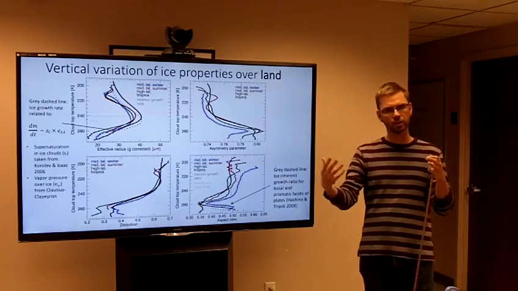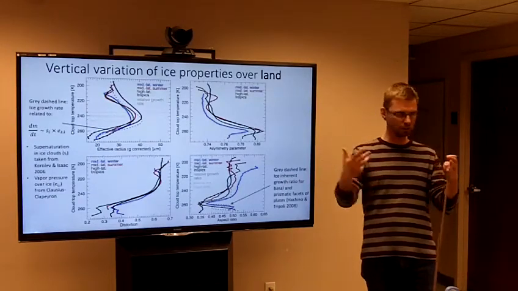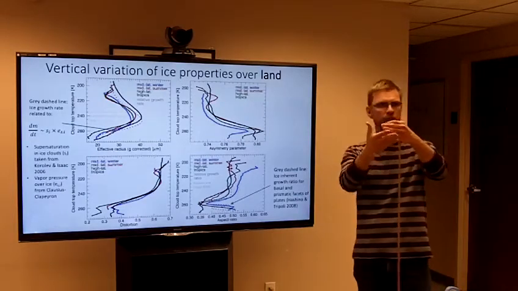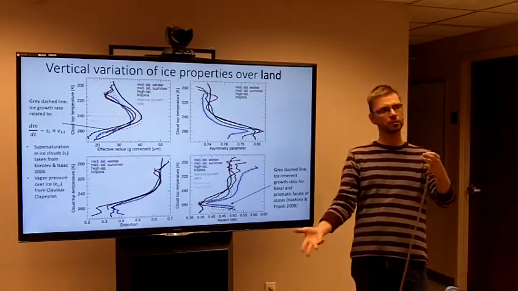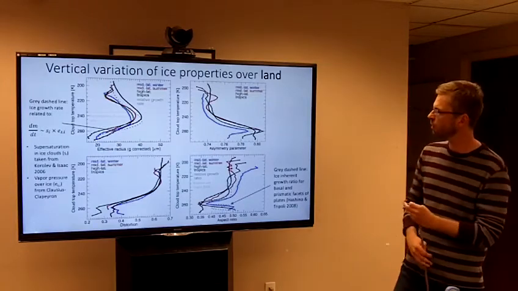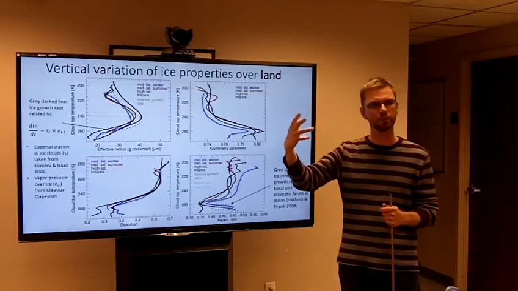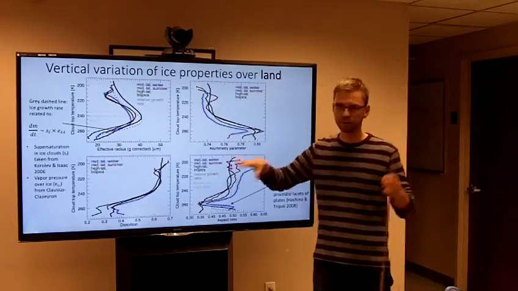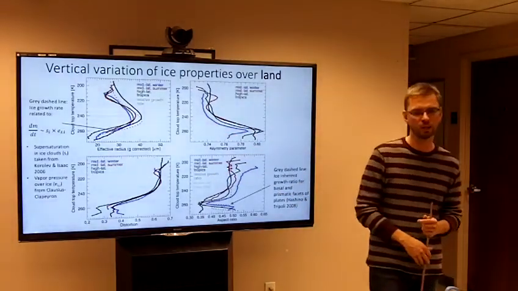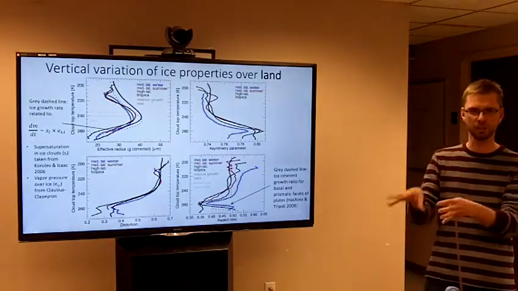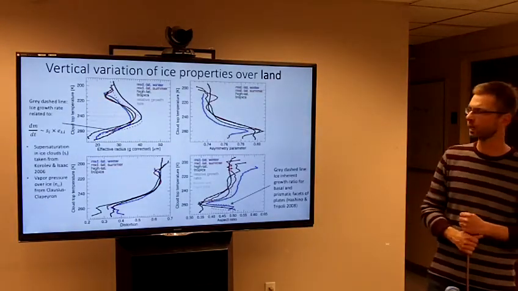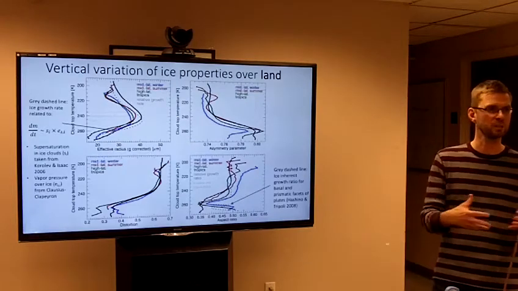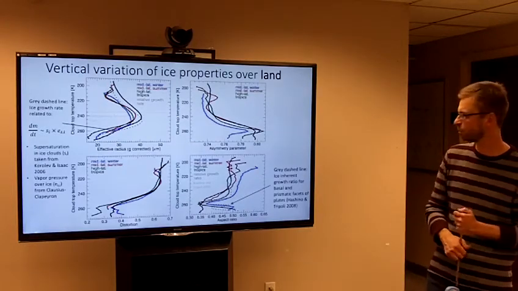And all these other things like aggregation and size sorting and riming and everything are mostly happening deeper into the cloud. So at cloud top, we can have this simple picture on average. Mind you, these are averages of a lot of clouds, of course. So maybe if you look at different cloud types, we can see differences in these pictures.